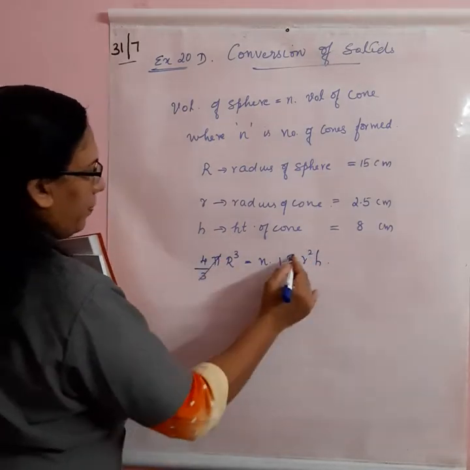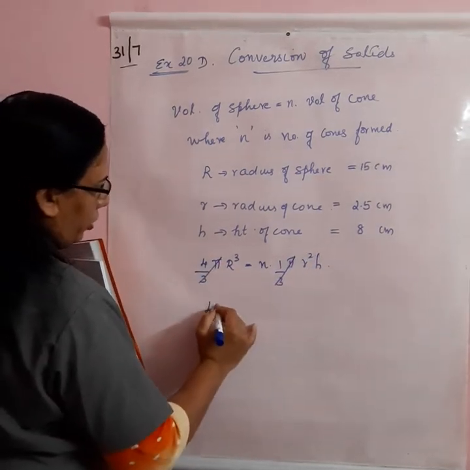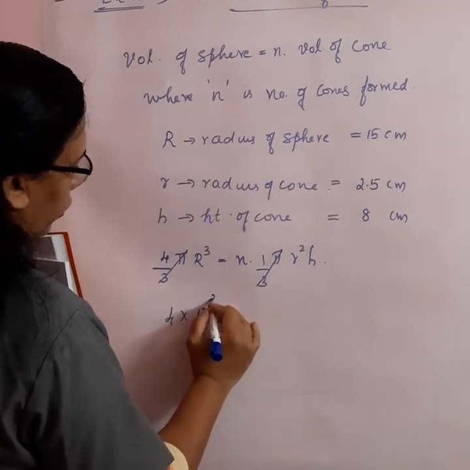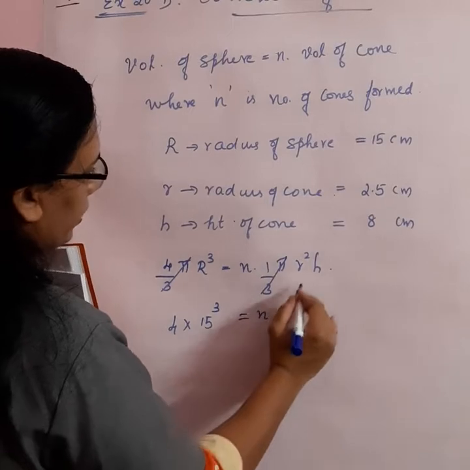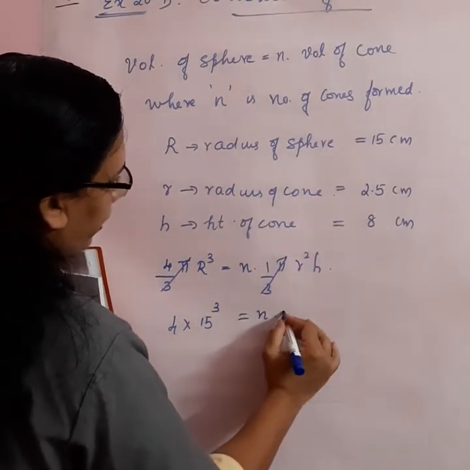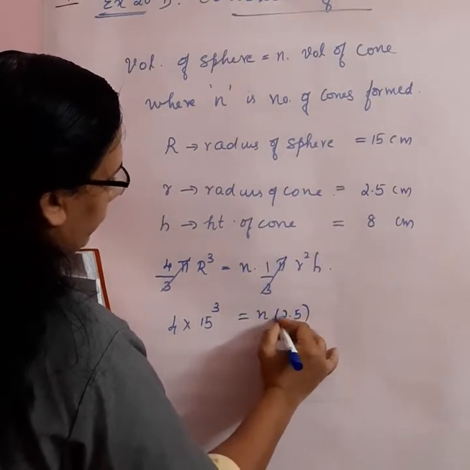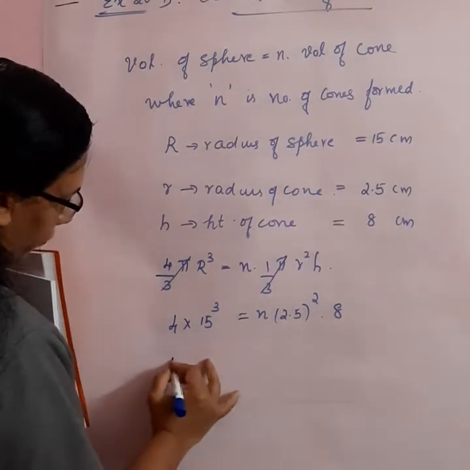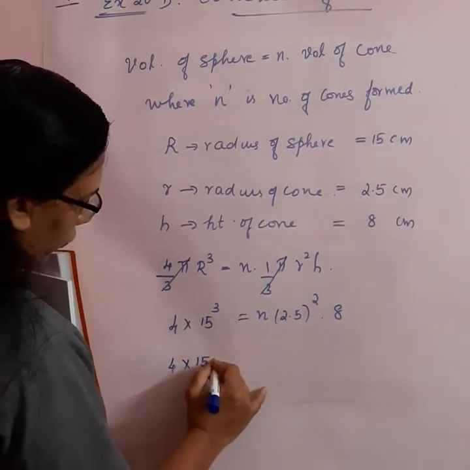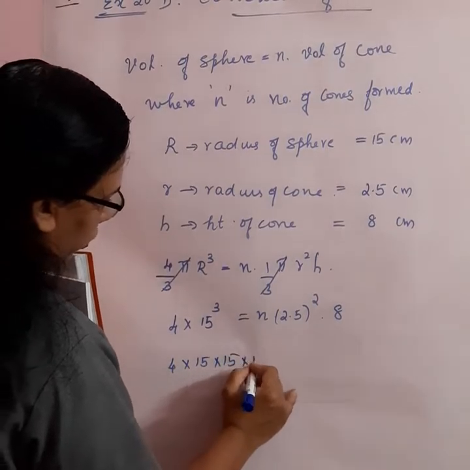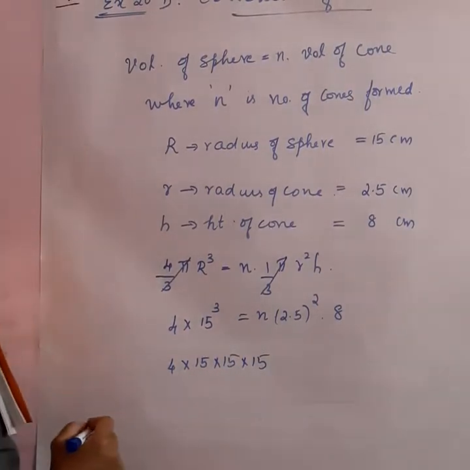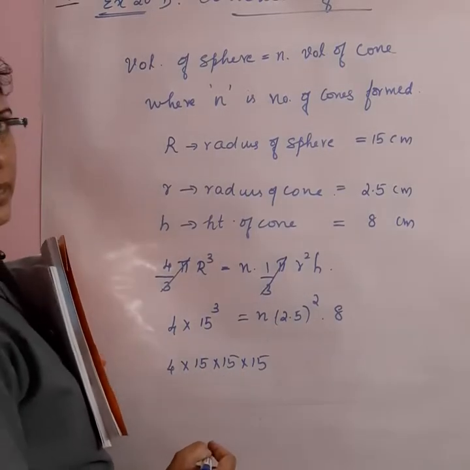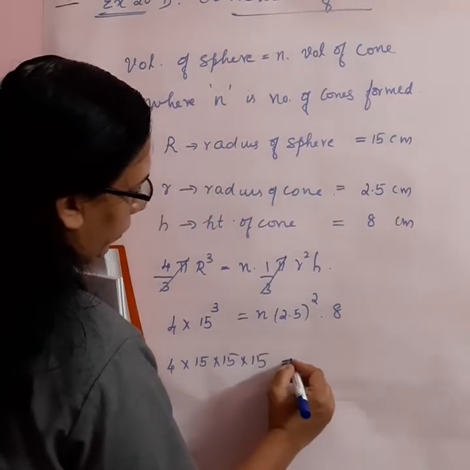See, pi by 3 I can cancel. 4 into 15 cube is equal to n into 2.5 square into h. See, 4 into 15 into 15 into 15. For easy calculation I am writing 15 cube as 15 into 15 into 15 is equal to n into.